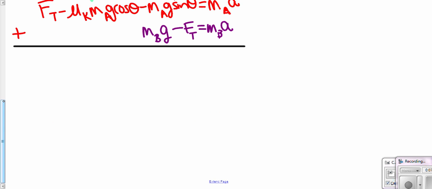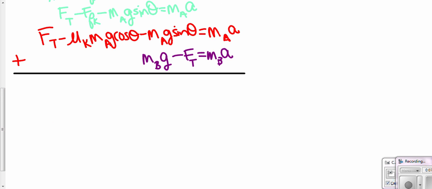What color should I make this? How about blue? Alright, so when I add these together, force of tension and negative force of tension are going to cancel. So what I'm left with is negative mu K mass of A times G cosine theta, excuse me. Just erase that.